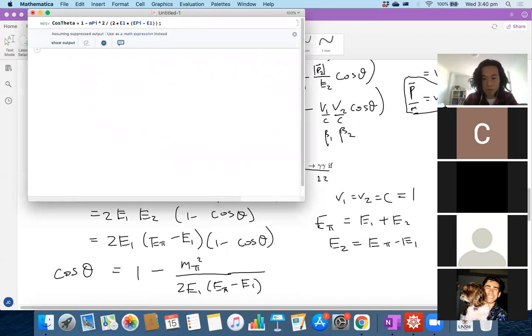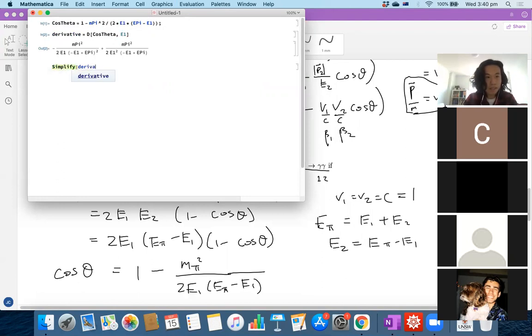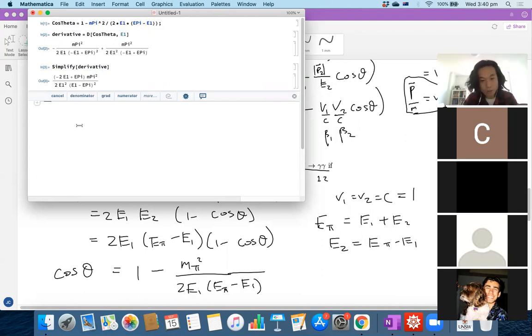And then now I just want to get the derivative of cos theta with respect to the energy of the photon E1, and then just simplify that. Cool. Now that's the first derivative, and we just set that to 0. So we want to solve derivative equals 0 for E1.